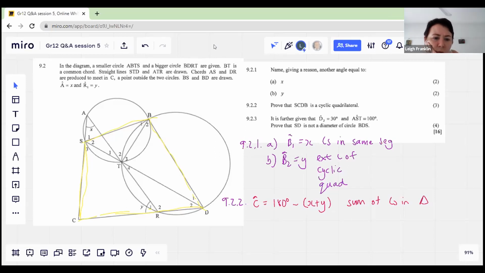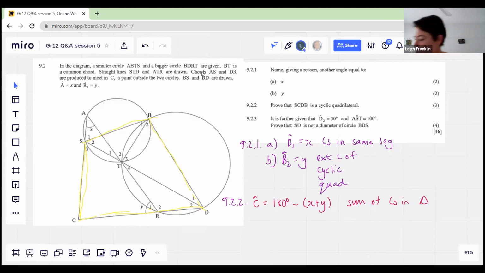If angle SBD was equal to 90 degrees, why would angle SBD be equal to 90? I wonder if there's some information that I've chopped off here, or if I'm just being silly.